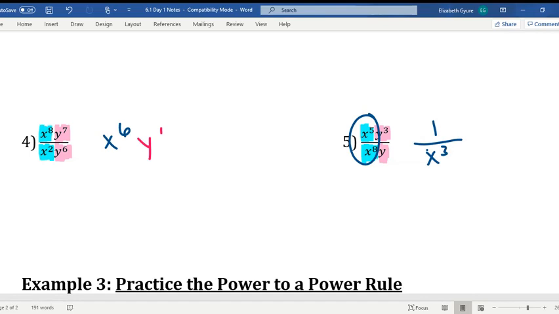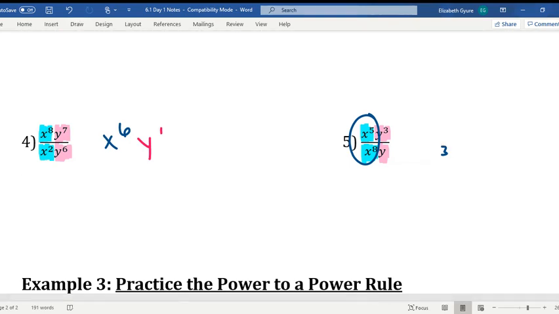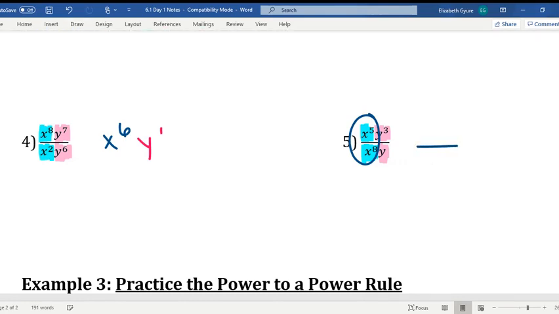You don't have to put the 1 on top until you know you need it. It's totally up to you. Sometimes what I'll do is just put my fraction bar and see what ends up happening. So here, 8 minus 5 is 3, so I'll have x to the third on the bottom.